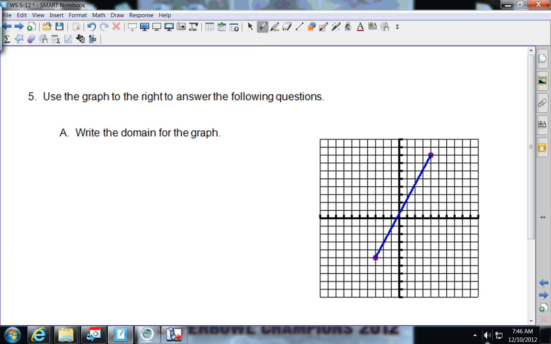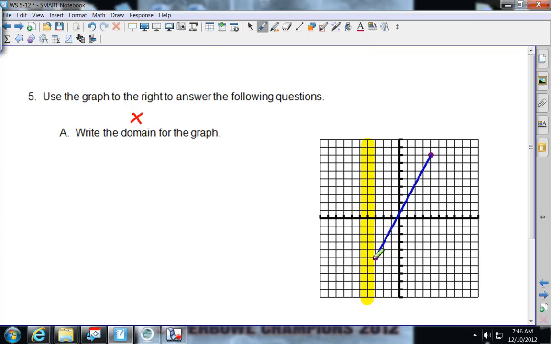Next right here. It says using the graph to the right, answer the following questions. We need to write a domain. Now, is domain X or Y? Domain is X. Okay. So over here on my X, let me try and box off.